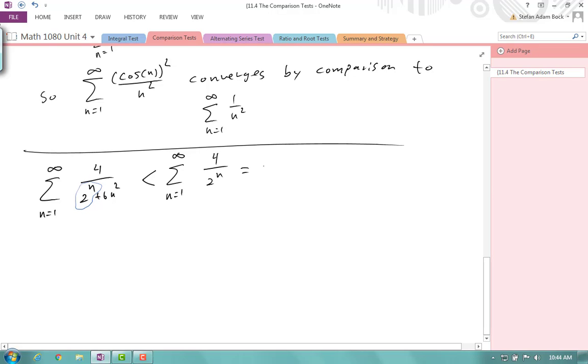And if I factor this 4 to the outside of the series, now I have a geometric series with the common ratio of 1/2. And I know that that converges. In fact, I know what it converges to, because it's going to be the first term, 1/2, divided by 1 minus 1/2, or simply 4 times 1.